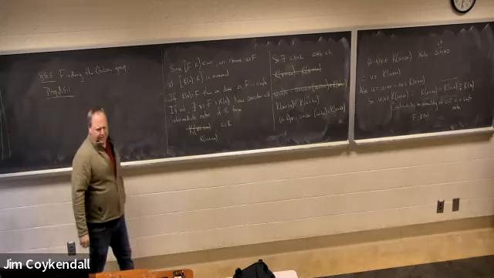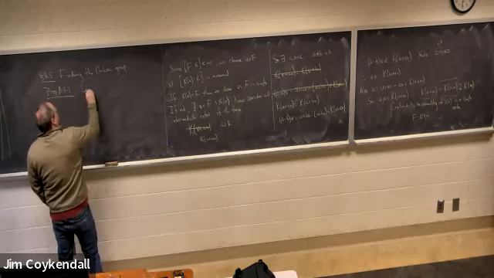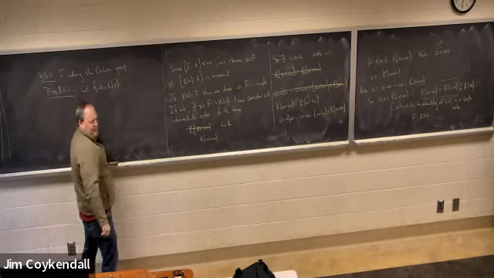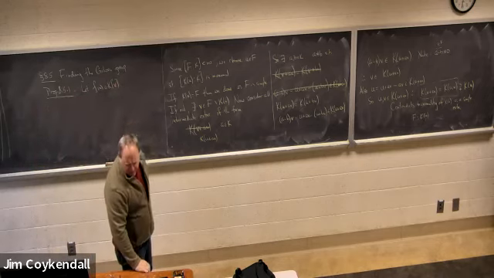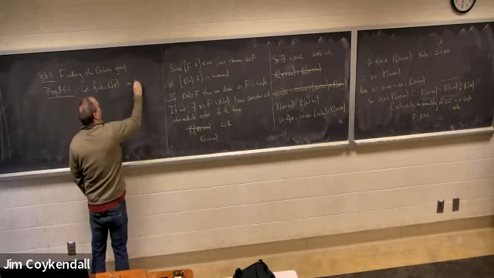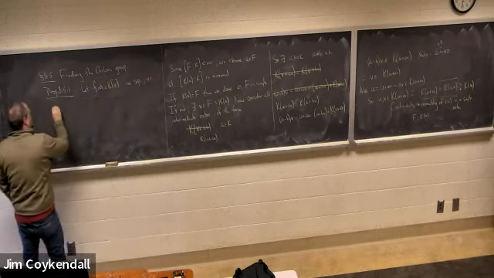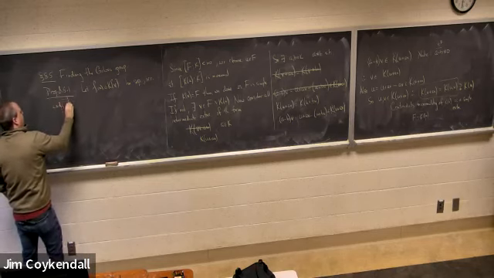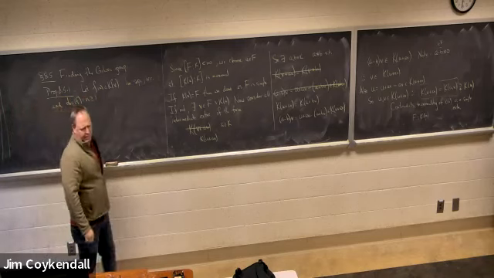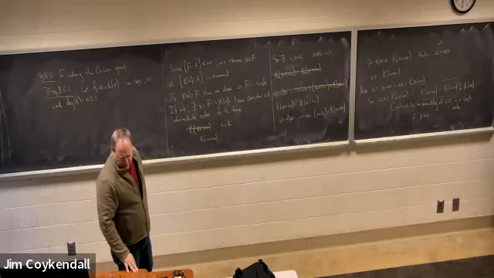Proposition 8.5.1. Let f of x be a separable, irreducible polynomial over K, where the degree of f is n, bigger than or equal to 1. I want it separable because I can't find Galois groups otherwise.